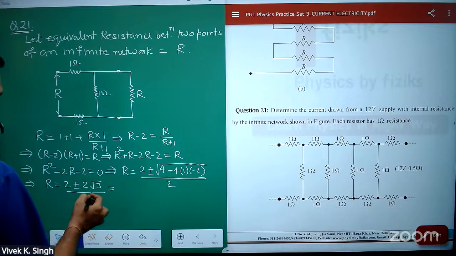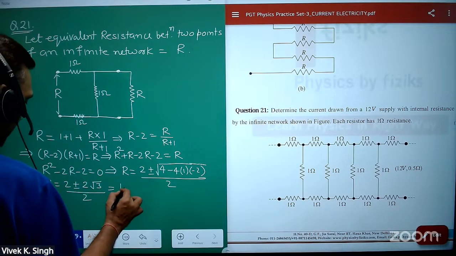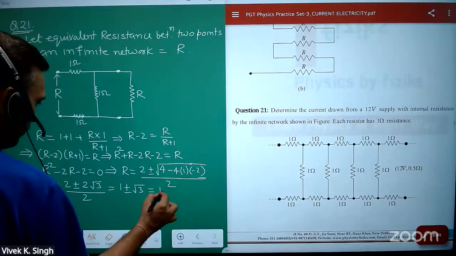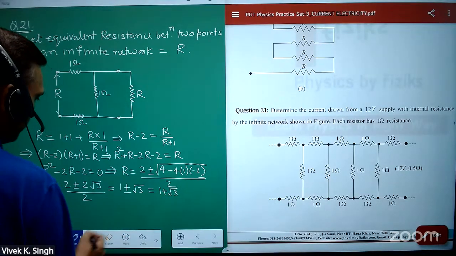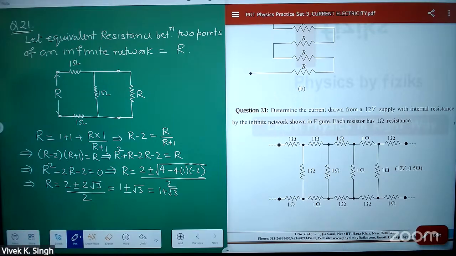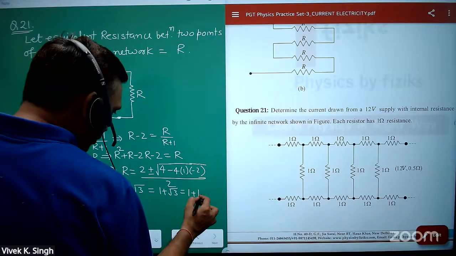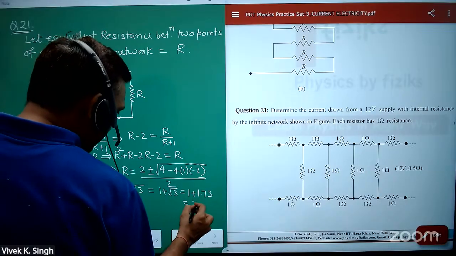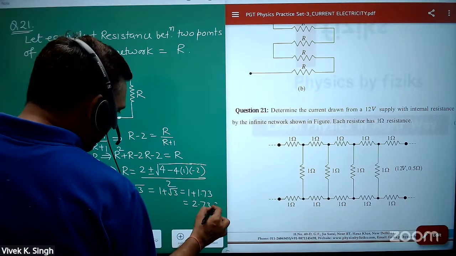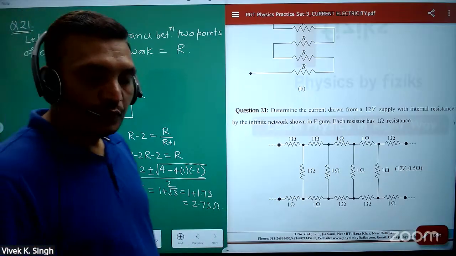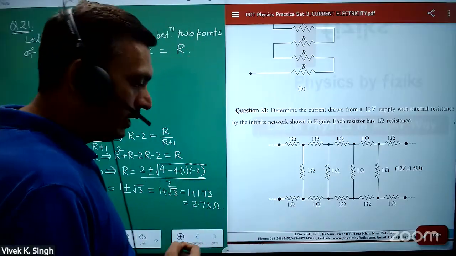Resistance value is positive, so I am taking 1 plus under root 3. Take the positive value and this will give you 1 plus 1.73. So this will be 2.73 ohms. This is the equivalent resistance. So equivalent resistance is 2.73 ohms.